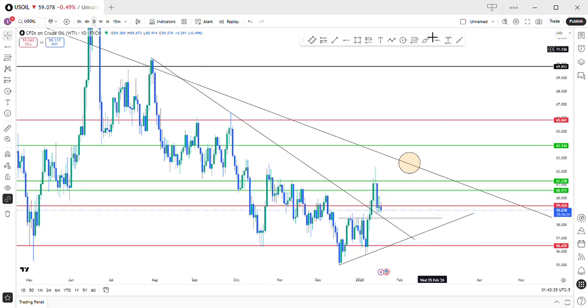So I would like to see a good retest of this trend line before buying all the way to this area right here. Then that would be a good entry.